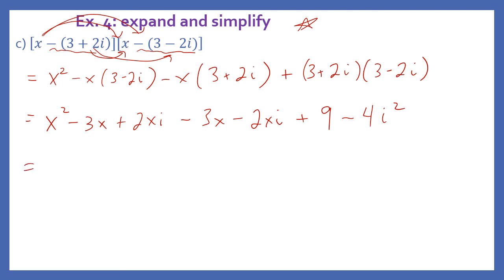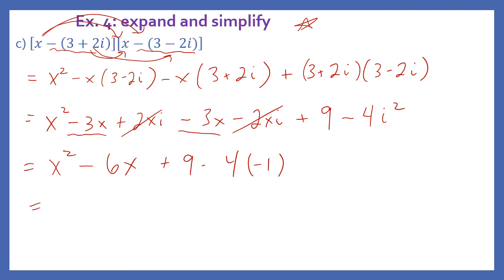Now something convenient happens: we have a plus 2xi and a minus 2xi, so those weird xi terms are gone. So we have x squared, and then minus 3x minus 3x is minus 6x. Now don't forget, i squared is negative 1. So x squared minus 6x, negative 4 times negative 1, positive 4 plus 9, 13. So we took factored form with complex conjugates and imaginary numbers in it, and we ended up with something that had all real numbers, a quadratic.